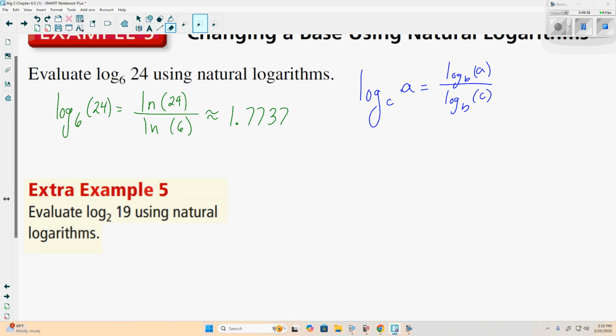For this here with the natural logs, all we did is instead of having this base be B, we said that base was e. Well, whenever the base is e, we don't talk about it as logs. We talk about it as natural logs. So we just set the base as e, which is going to be a natural log. So it works the same way.